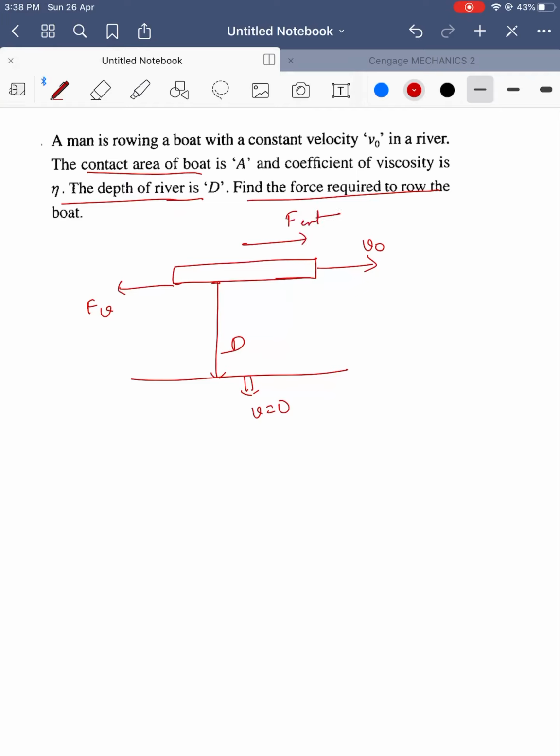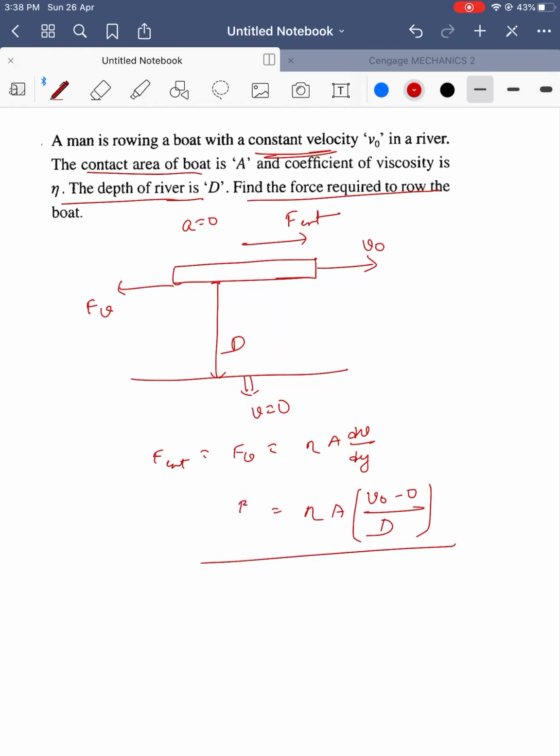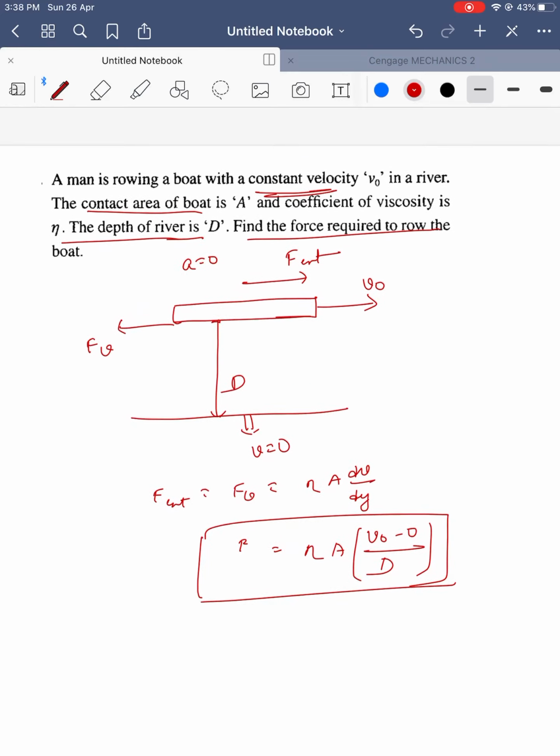The acceleration a is equal to 0 because of constant velocity. So F external is equal to F viscous, which is nu A dv by dy. Here the area is A, dv is v0 minus 0, and dy is capital D. That's all. This much force is required.